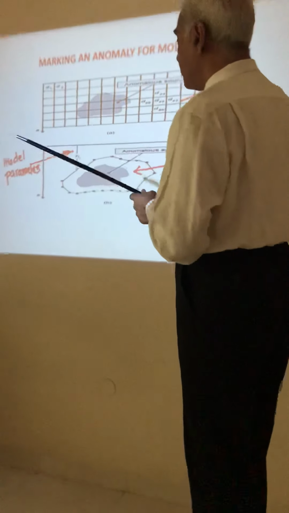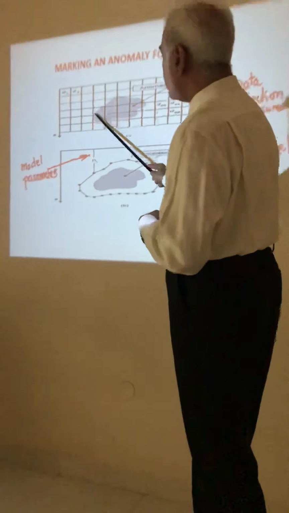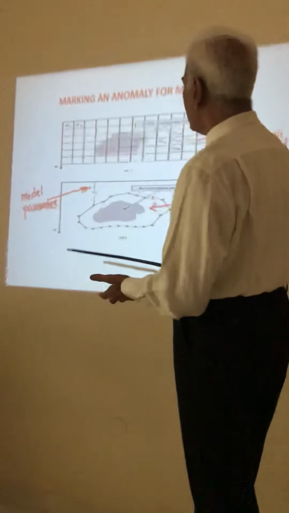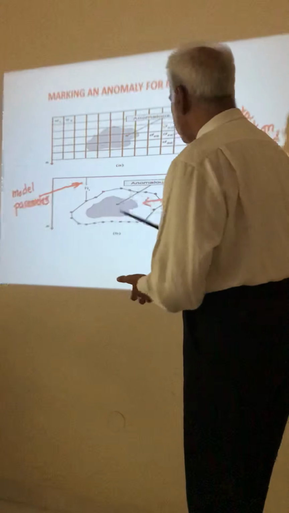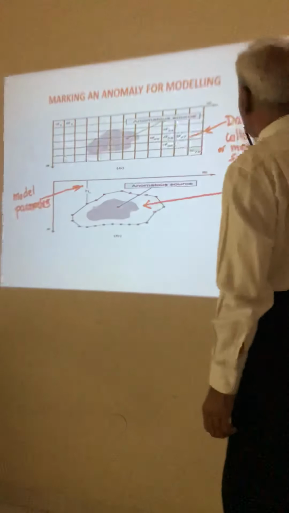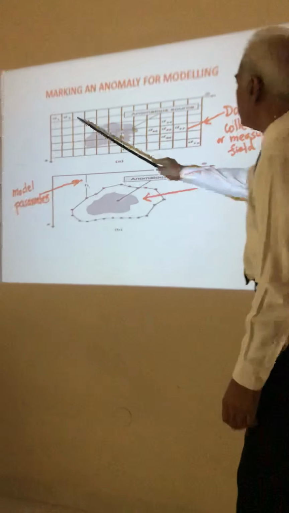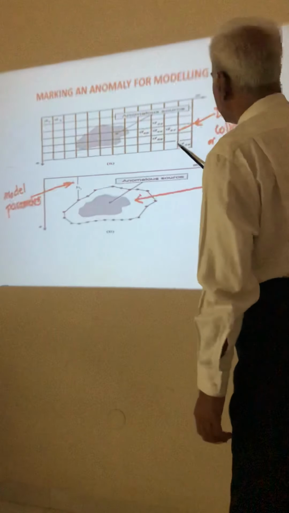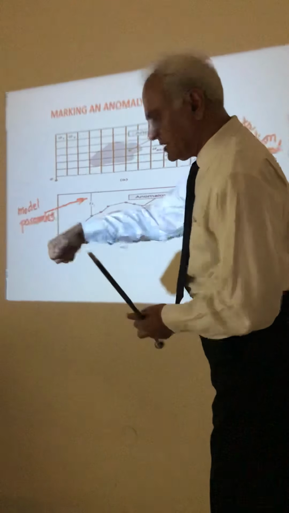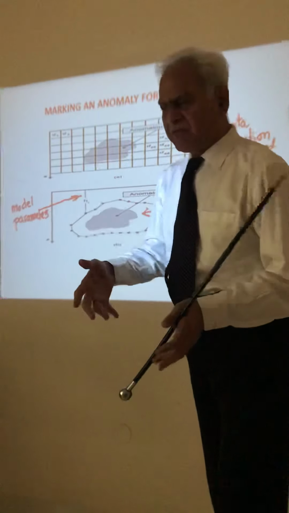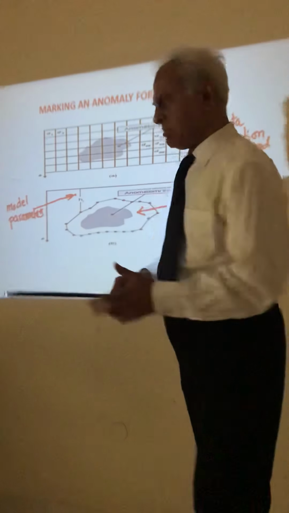I was talking about a hidden body. Suppose this is the hidden body under the ground and you want to know the depth and sizes and things like that. What you will do, you will make a grid over it, and at every location you will find the value of the gravitational field or magnetic field or electrical field, whatever.